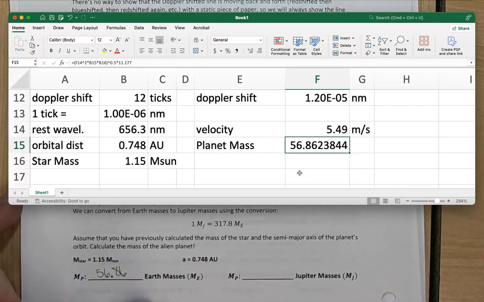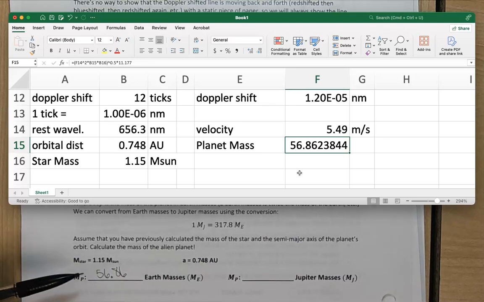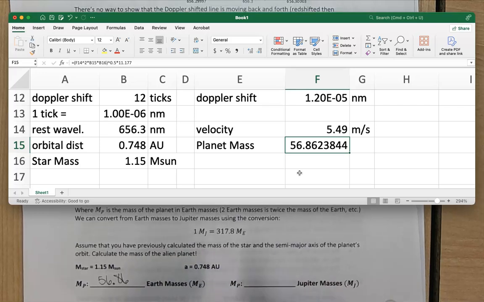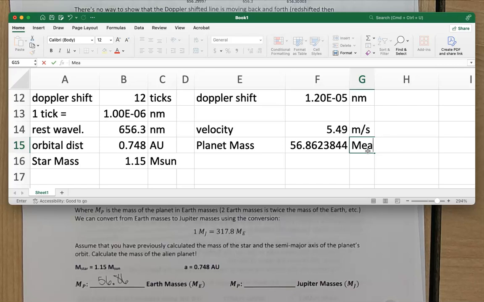So we're probably not looking at a planet like Earth if it has that much more mass than the Earth does. Well, how many Jupiter masses is that? Well, if there are 317... Oh, you know what? Always write down your units so you don't forget, because I'm going to convert into Jupiter masses now. Okay.